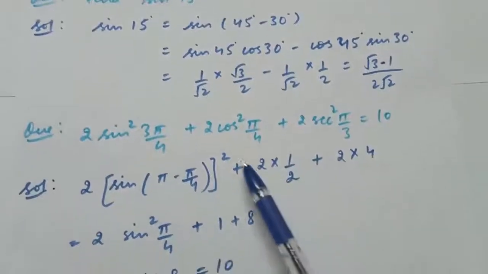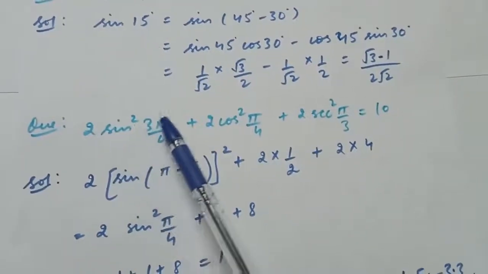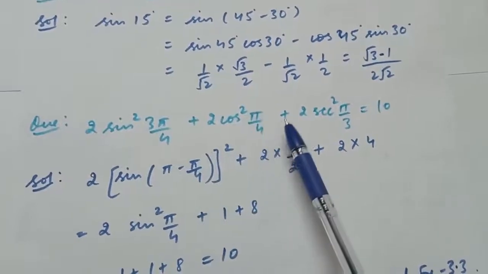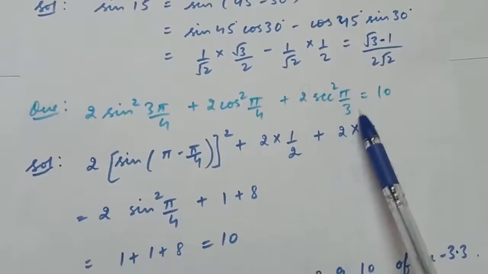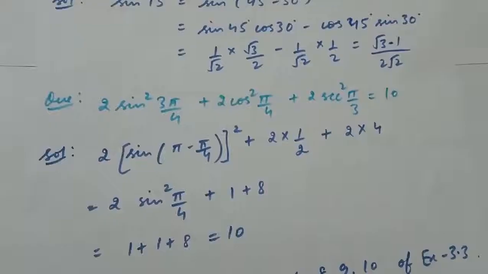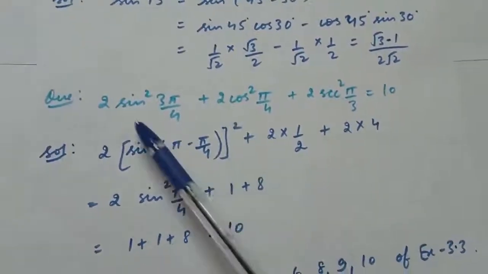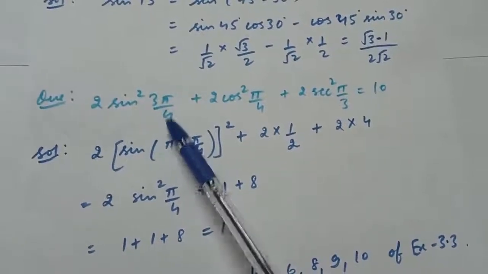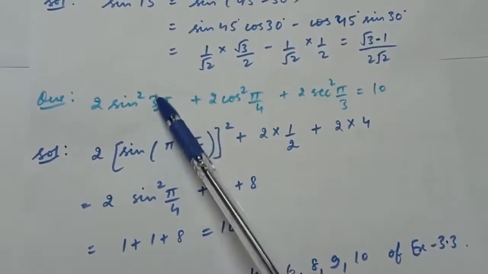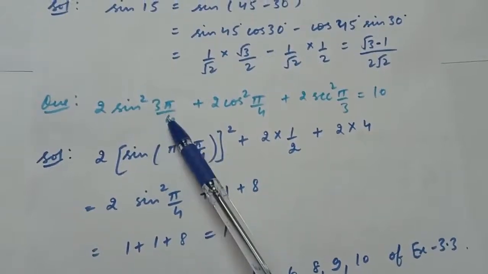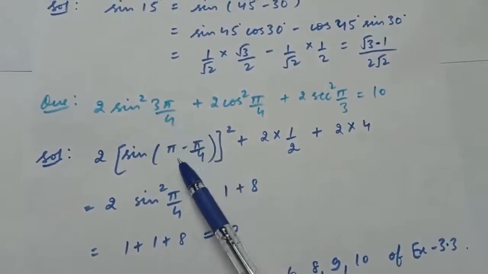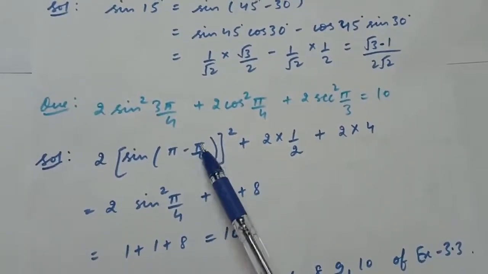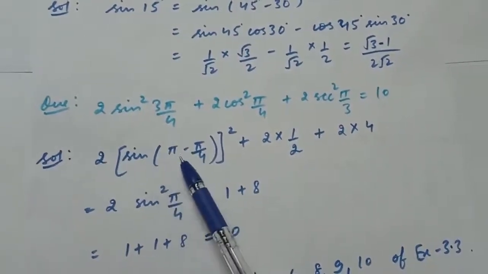Now the next question is, 2 sine square 3 pi by 4 plus 2 cos square pi by 4 plus 2 secant square pi by 3 is equal to 10. Now taking the left hand side, 2 into sine square 3 pi by 4. Now because we don't know the value of sine at this angle, break it in such a way that you get the angle at which the value of sine is known, right?